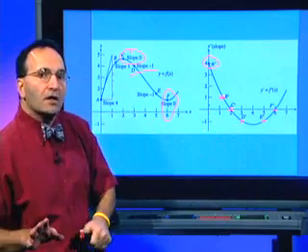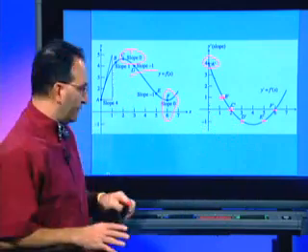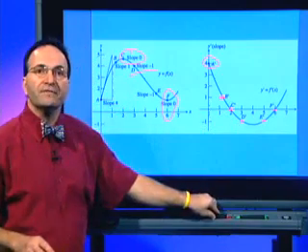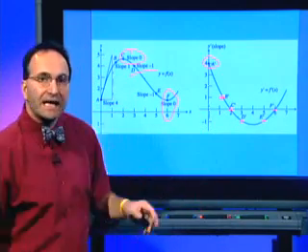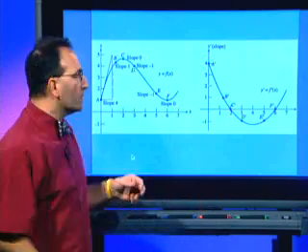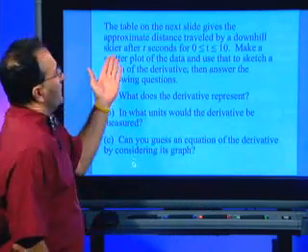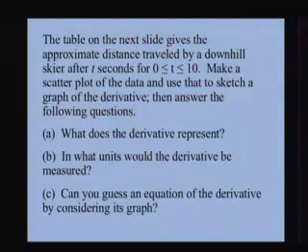Now, we can also sketch the graph of a derivative of a function that is given to us as a set of data points. So what we're going to do is look at a table, which will be on the next slide, and it gives the approximate distance traveled by a downhill skier after t seconds for the interval of time 0 to 10.